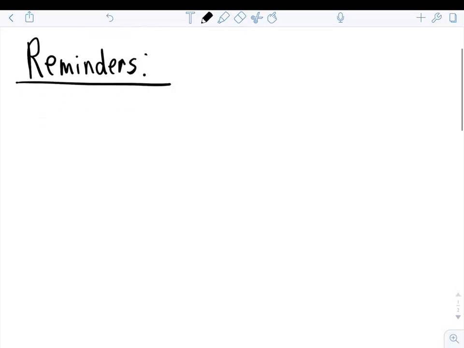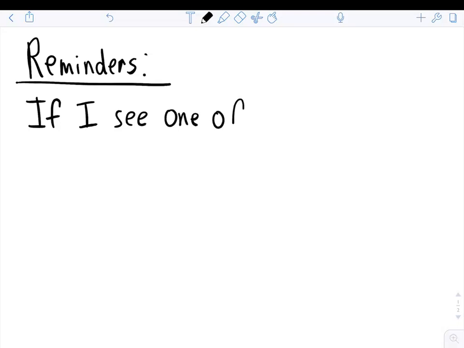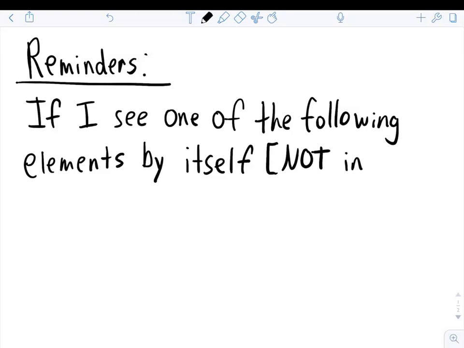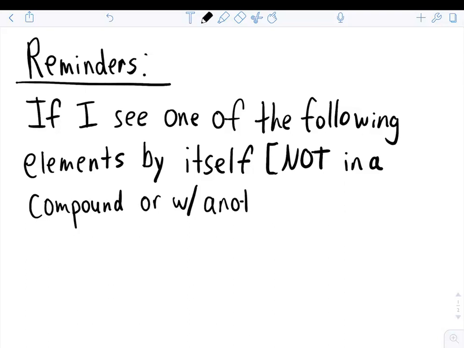And the first reminder that we need is, if I see one of the following elements by itself, and whenever I say by itself, I mean not in a compound or with another element.